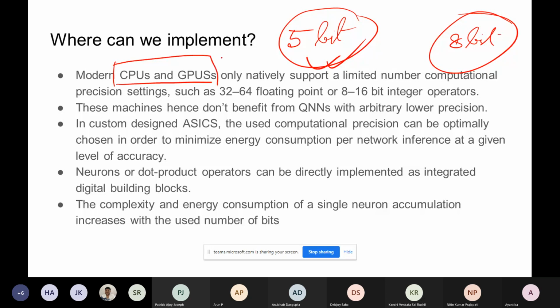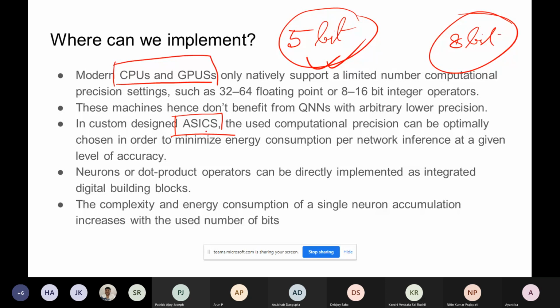So what is the objective? What is the solution? The solution is designing application specific integrated circuits. I'm not discussing here how we are designing those ASICs, but you remember in our first class when we discussed the basics of embedded processors, we talked about this.